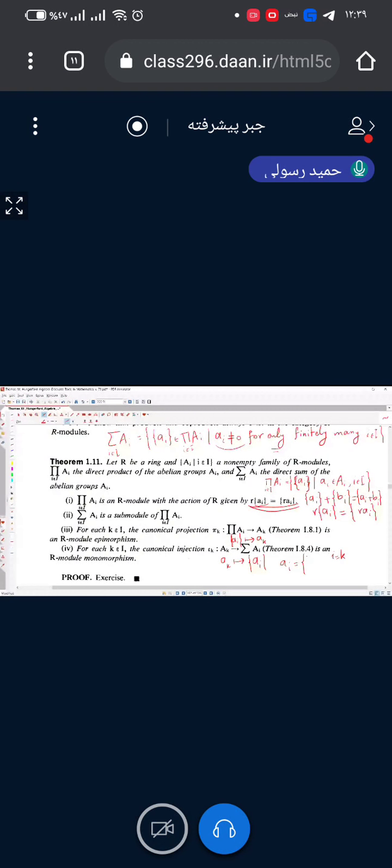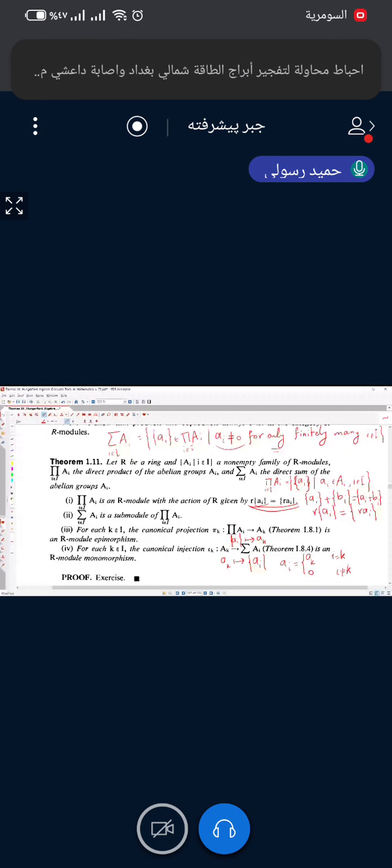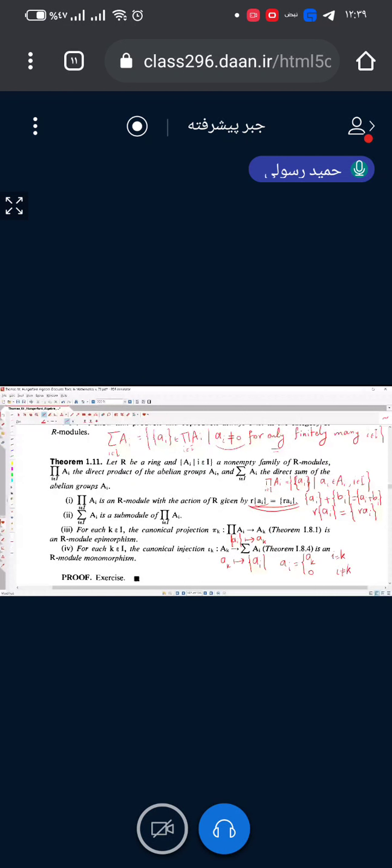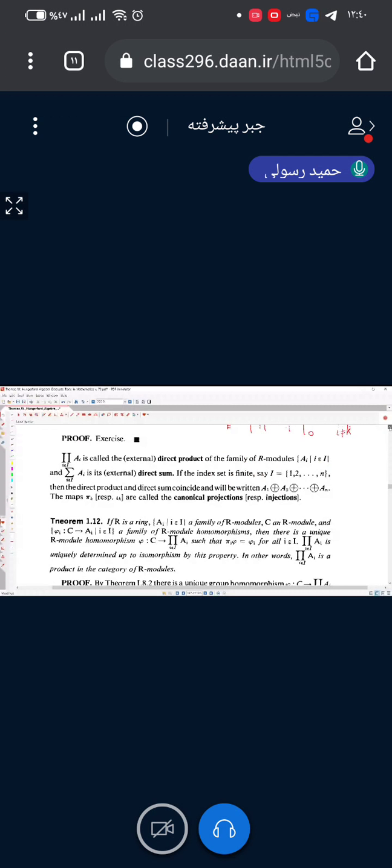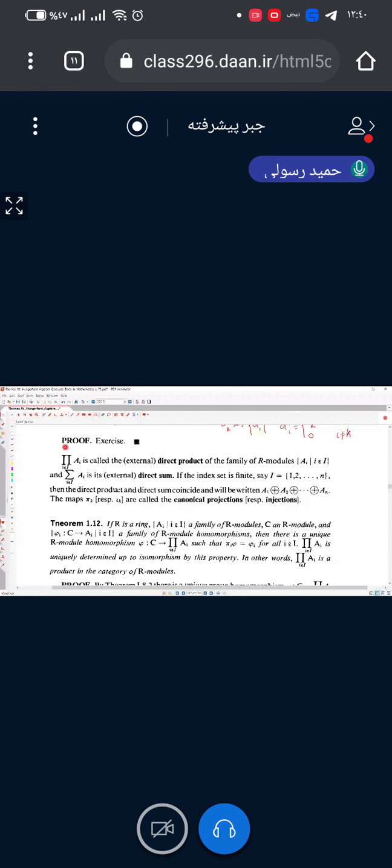And it is easily seen that lk is an R module monomorphism. The proofs are easy and left as an exercise. Product of AI is called the external direct product.